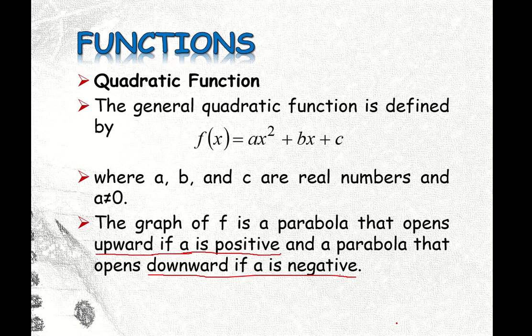If the variable x is being squared, meaning there's an even exponent of 2, then the parabola opens either upward or downward, depending on the value of a. If a is positive, we're sure that the parabola opens upward. If a is negative, then the parabola opens downward.